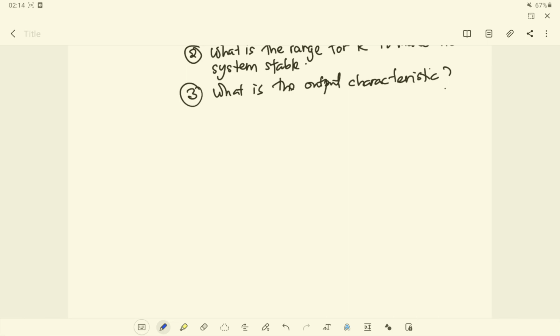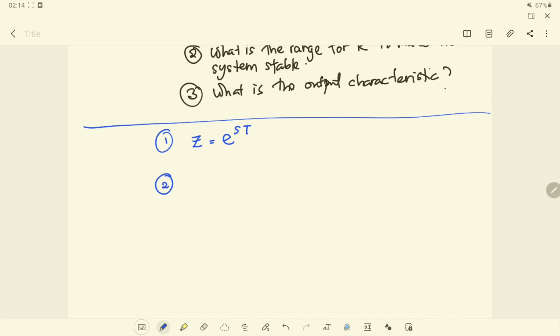Number 1, you have to know that z is equal to exponent sT, the relationship between z and s. Number 2, you have to know how to use partial fractions, a mathematical method.